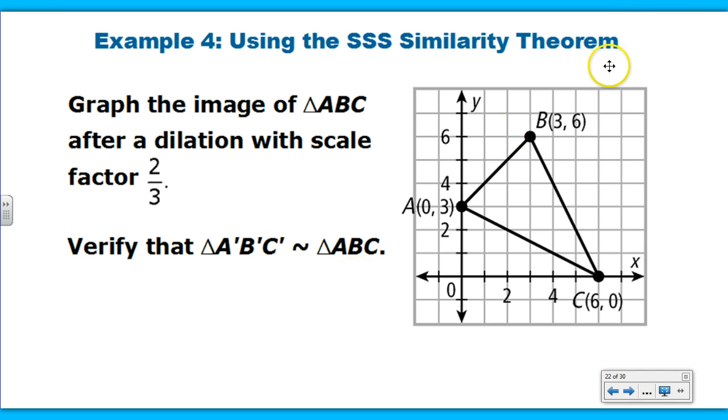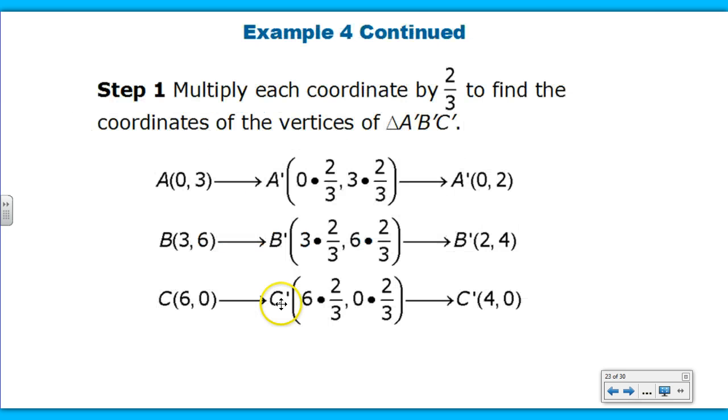So how do we dilate a pre-image, the original here? We multiply each of the coordinates of each vertex by the factor, right? And that is what we see in our next slide. Each of the coordinates has been multiplied by the dilation factor, and we end up with the new coordinates for the new vertices of A'B'C'.